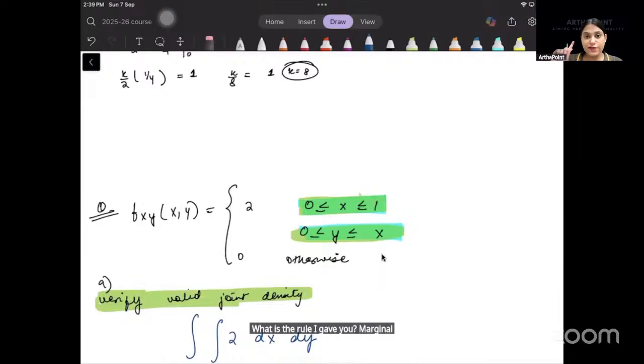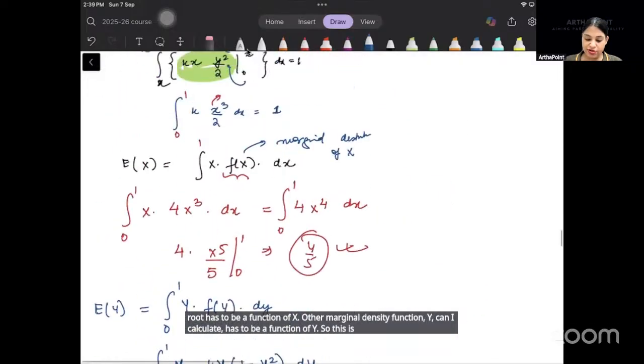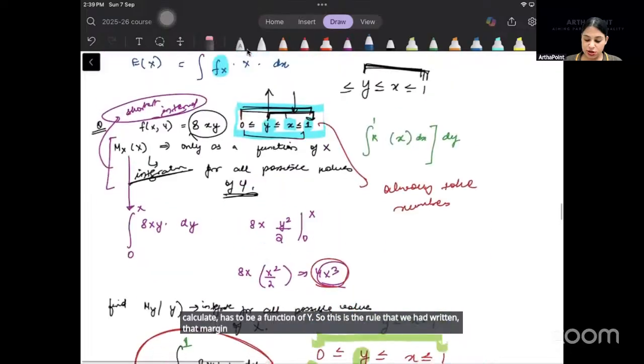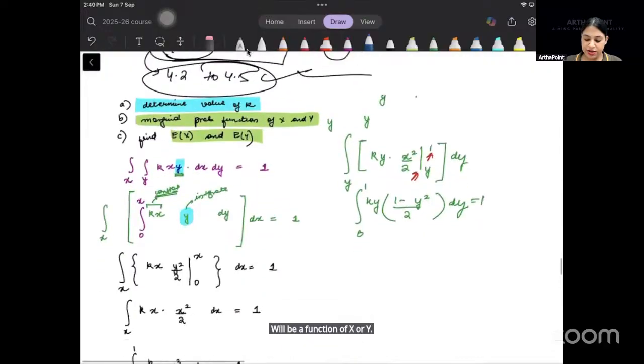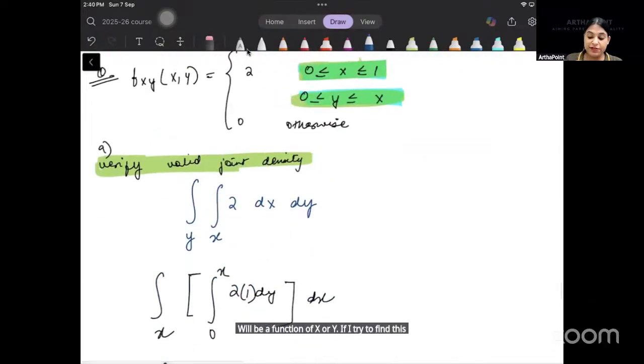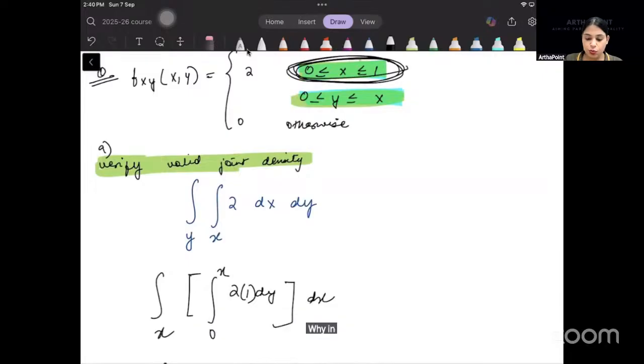Marginal density functions have to be a function of x or y. If you are finding marginal density function of x, it has to be a function of x. If you are finding marginal density function of y, it has to be a function of y. So this is the rule that we had written. So now if I integrate for all possible values of x between 0 to 1, y will not come. You will not get y.